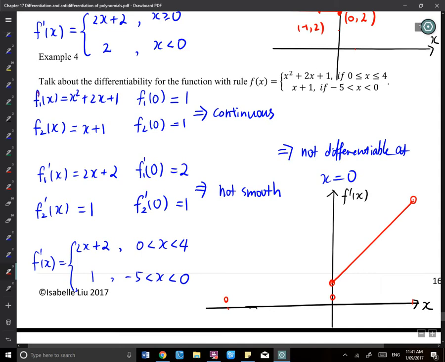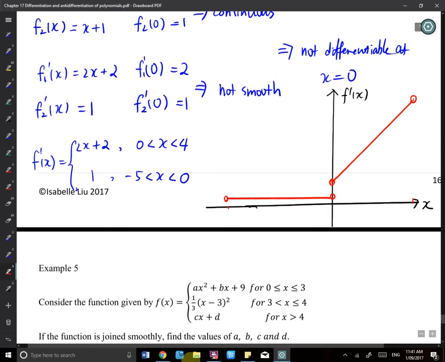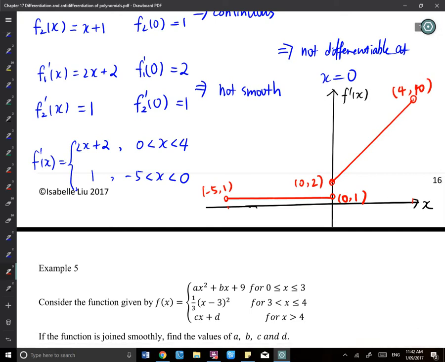So 0 to negative 5 is this line here. That's the derivative function. So I will have (-5, 1), open circle (0, 1), open circle (0, 2), open circle (4, 10) as well. That's the derivative function. You will be asked to sketch the derivative function, and that's how you sketch it. That's where you need open circles, and you need to label them.